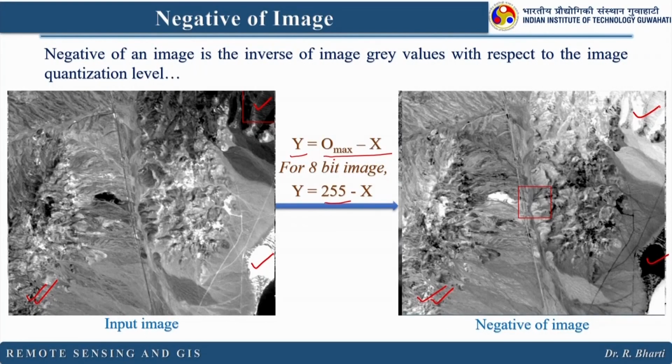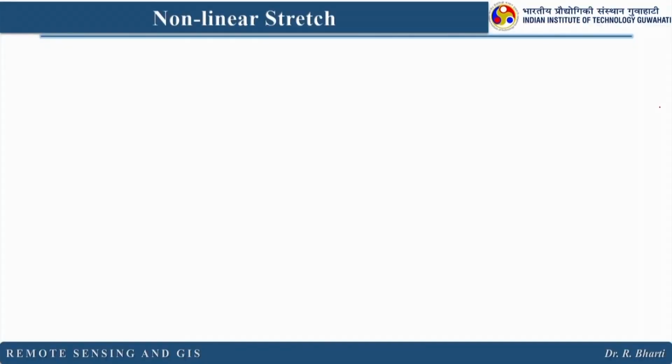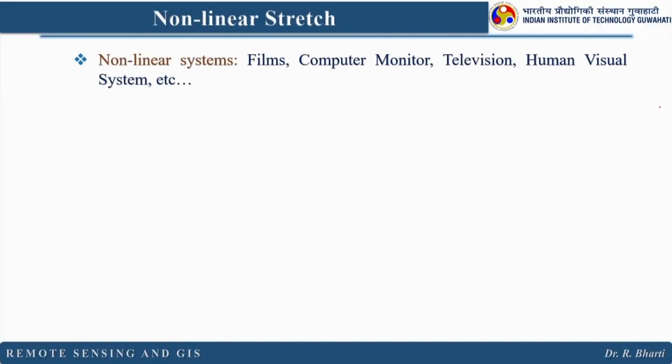So these methods are basically linear methods, where we are assuming that contrast and brightness are changing linearly. But what if we don't have such a condition, and in nature we always find that we don't have any linear relationship in the contrast or brightness, right? So what we do, we go for non-linear stretching, and in non-linear stretching there are a few good examples like films.